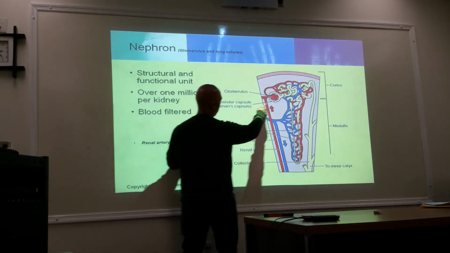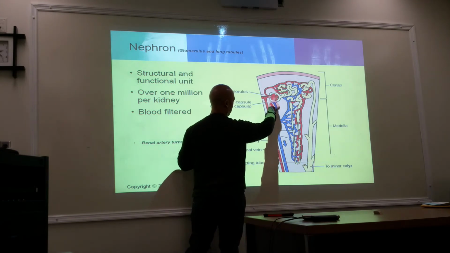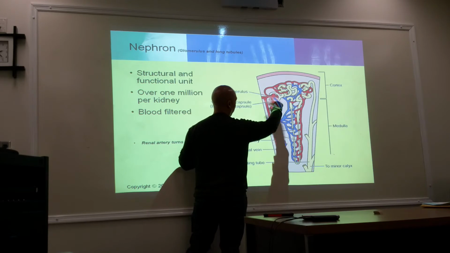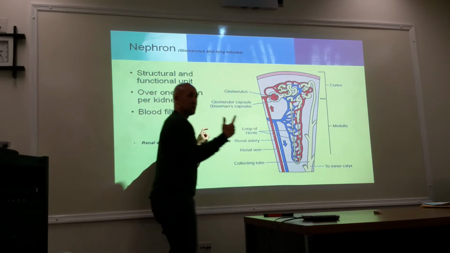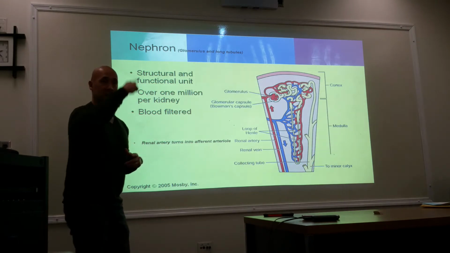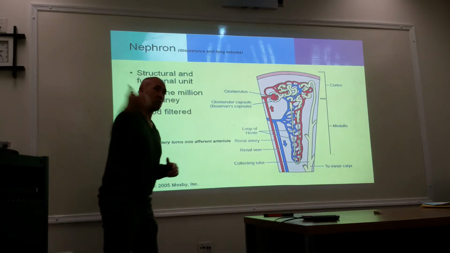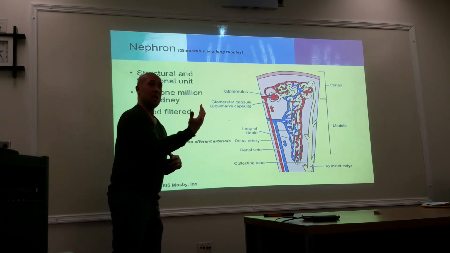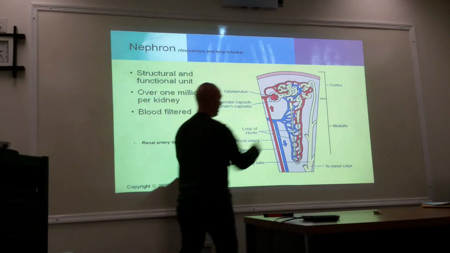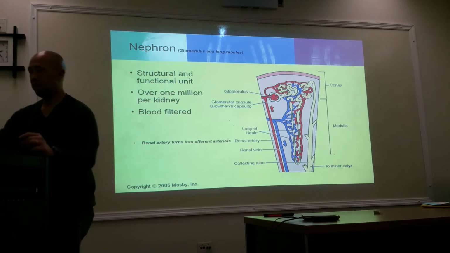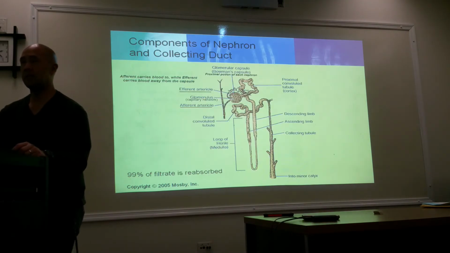After filtration, there's a great amount of filtrate that gets reabsorbed through the body, so that makes its way back into the vein again, and whatever's left is waste, makes its way into the collecting system of the kidneys.